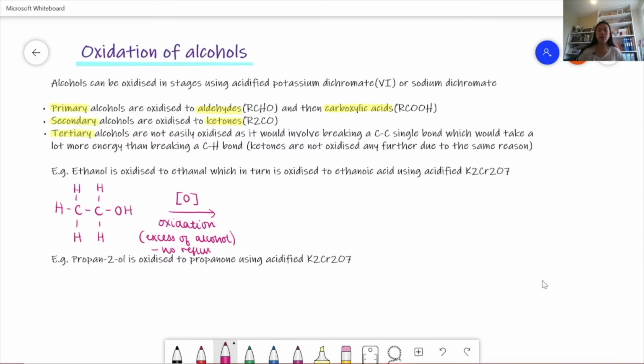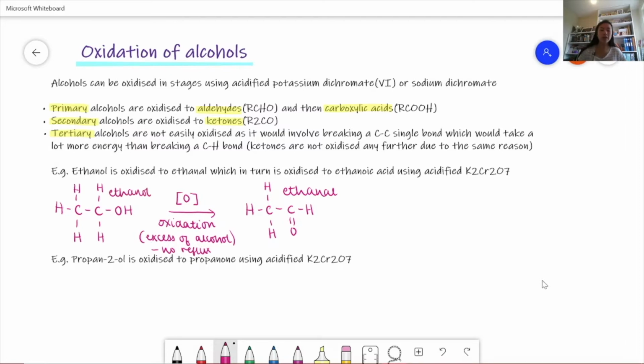And then this will form ethanal. So ethanal has this formula, CH3, C, and then OH, like this. And so this is an aldehyde. So we started off with ethanol, and now we've ended up with ethanal, which is the aldehyde.